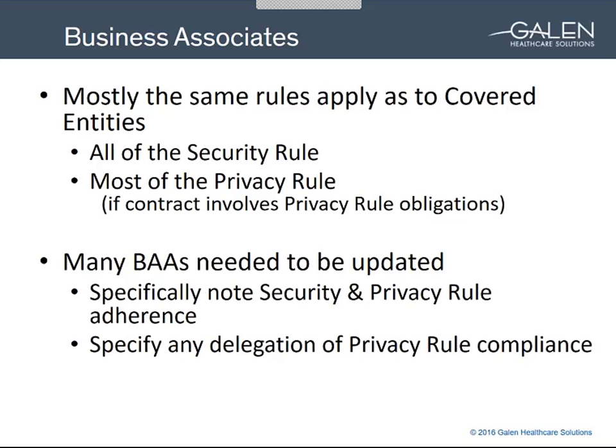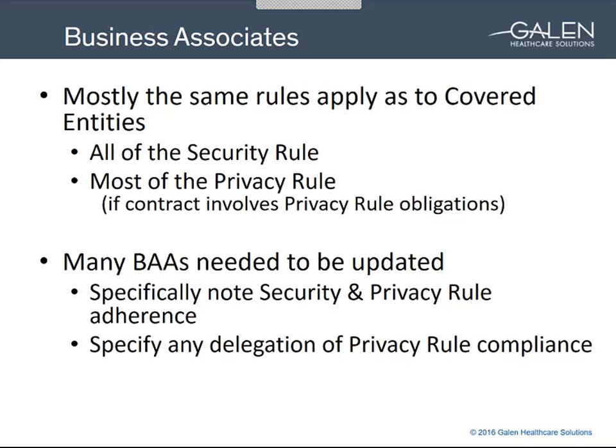So if that's specifically laid out in the BAA, which it should be if a business associate is expected to fulfill any of the duties outlined in the privacy rule, especially those duties that are related to direct interaction with patients, then that type of rule should be explicitly laid out in the BAA.